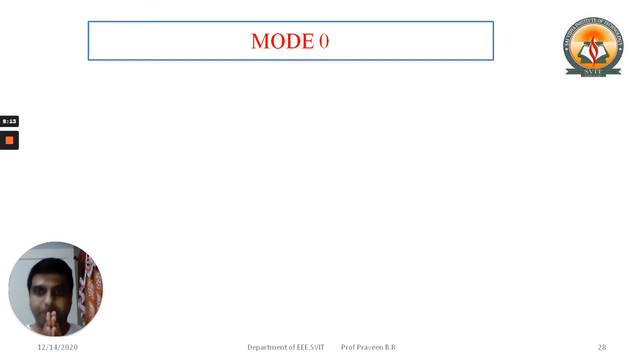Whenever we are choosing it as a counter, the counter bit in the TMOD register has to be high. It indicates that we are using it as a counter. If it is 0, it indicates that we are using it as a timer. So depending on the timer and counter configuration, we make use of the TMOD register.